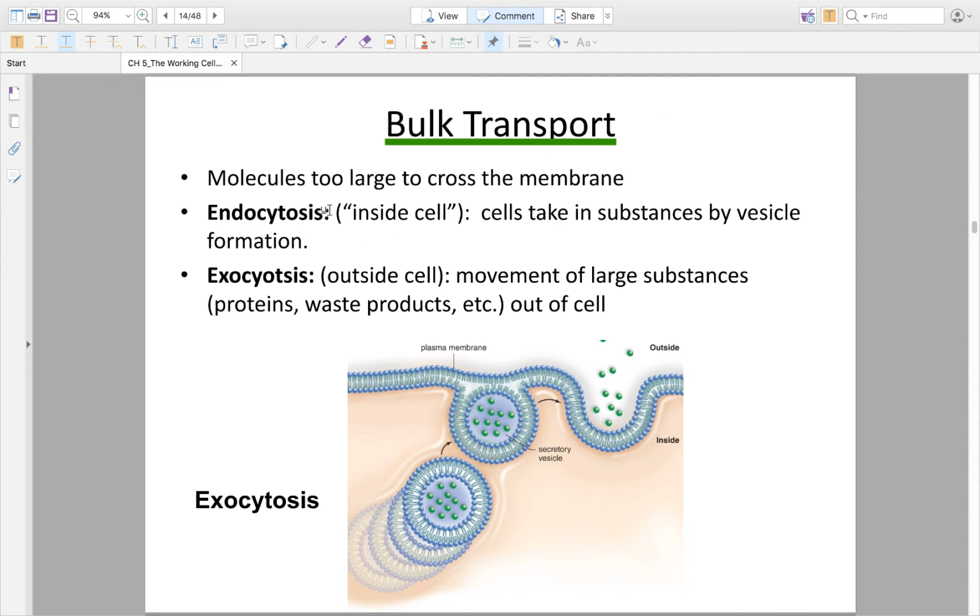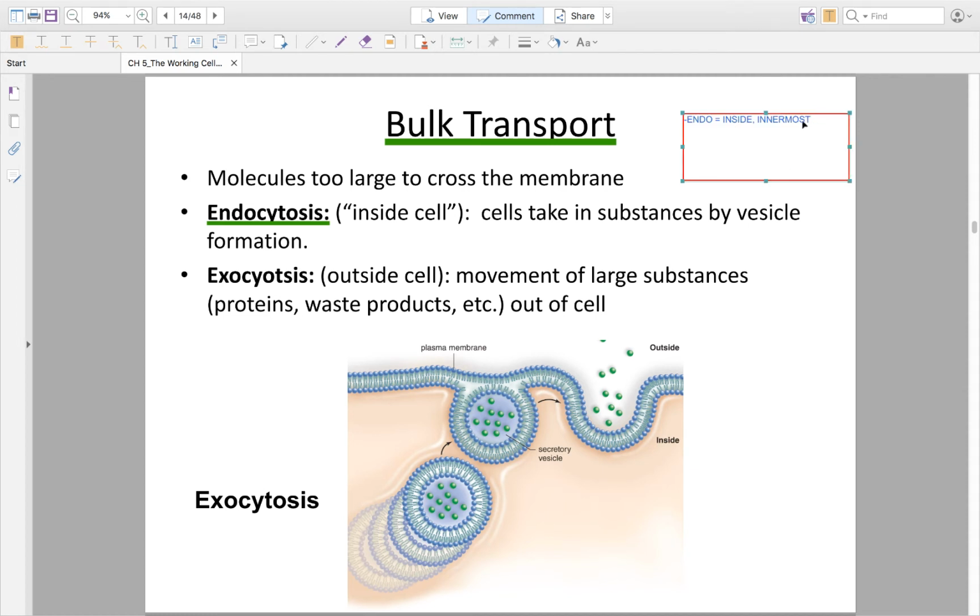Endo means inside, and cytosis is in reference to the cell. These are important things to memorize. Endo equals inside, or innermost, like the innermost region of something.